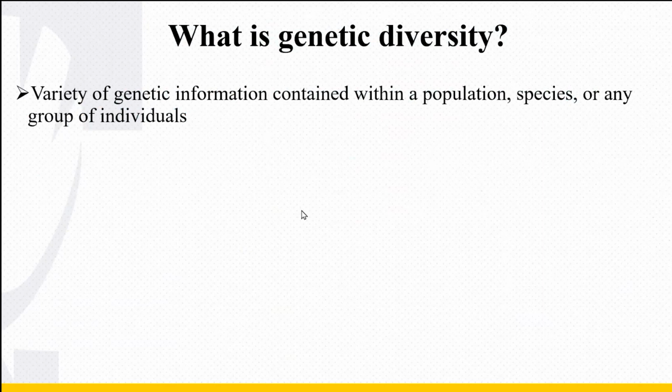So when we talk about genetic diversity, it sounds exactly like what you think it is, right? It is all of that genetic information that is contained within a plant species, a population, or group of individuals, or whatever it is, right? So you have to think about all the possible genetic combinations that exist within a particular family, like a plant family. For instance, let's say the Poaceae family.